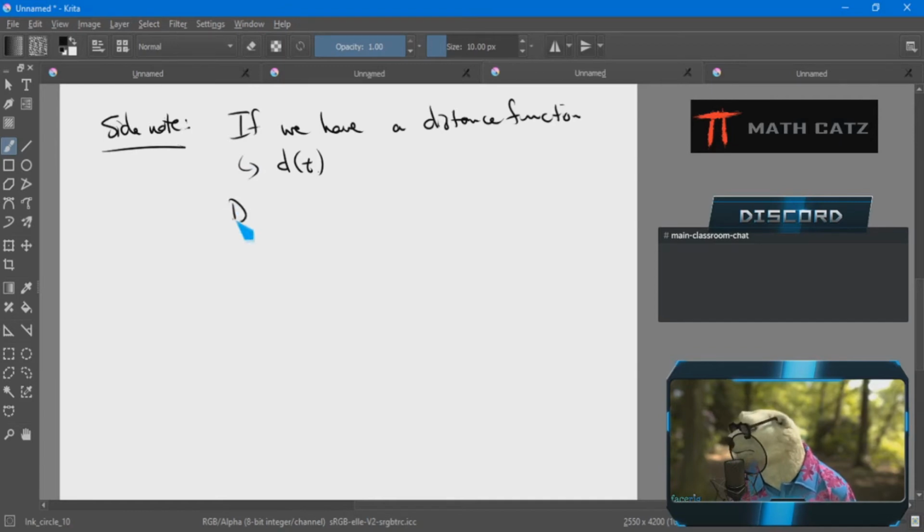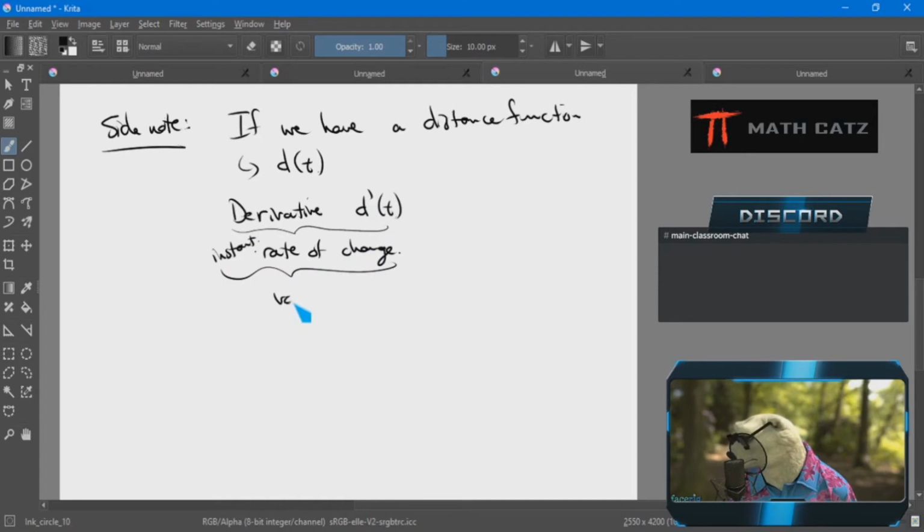Then the derivative, which will be d prime, well, this is the rate, so the instantaneous rate of change, and the instantaneous rate of change is velocity, with the size being the speed and so on.